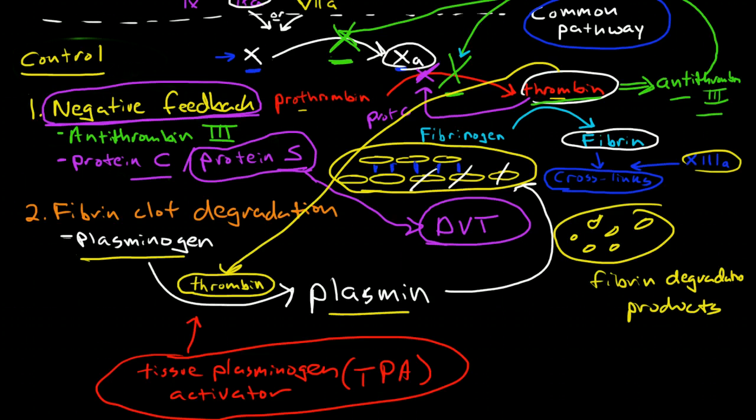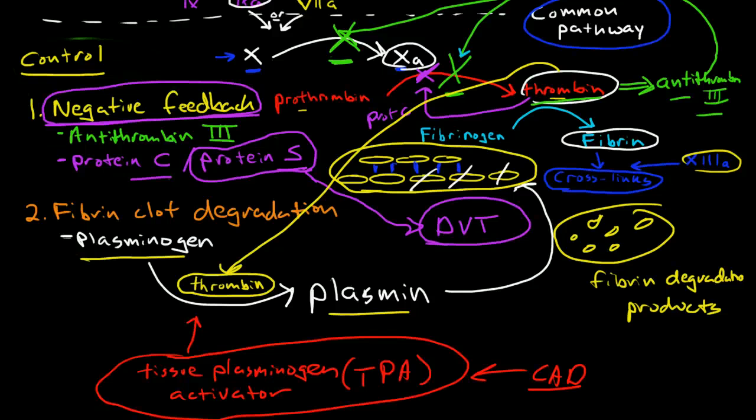We used to use it very commonly for clots in the coronary arteries. We also use it if a patient presents with an ischemic stroke, an ischemic stroke that is new enough to benefit from clot dissolution.